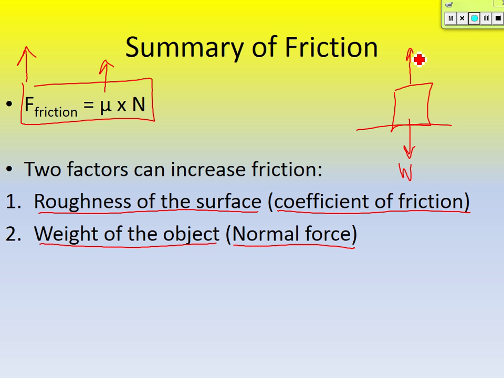So what do we call this force that goes up? The normal force. And they're usually balanced. If it's sitting on the ground, they are balanced. So if you have a heavier object, what's that going to do to the normal force? It's going to increase it. If the normal force goes up, what's going to happen to the force of friction? It goes up.